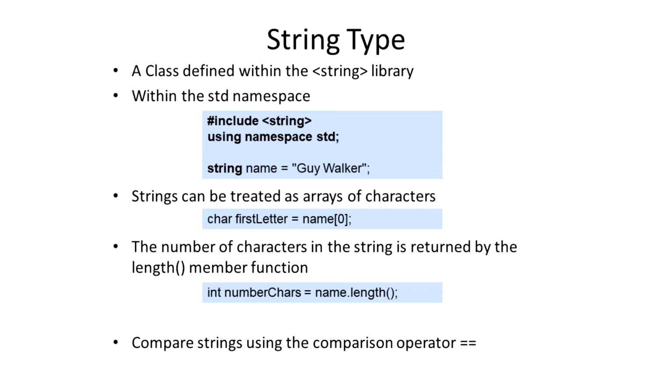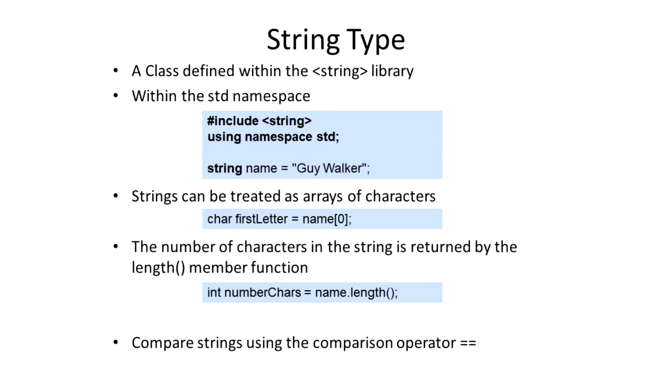Just one of those useful functions is the length member function, which will return how many characters are part of a string. So if you need to know the size of a string, you can get that by just calling the length function as part of your string variable. The string variable actually acts a little bit like an object, so you can use the dot notation there.